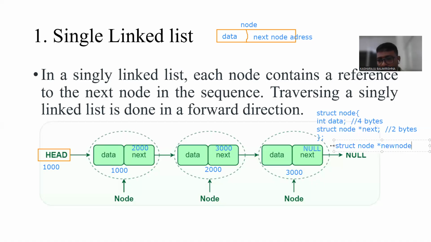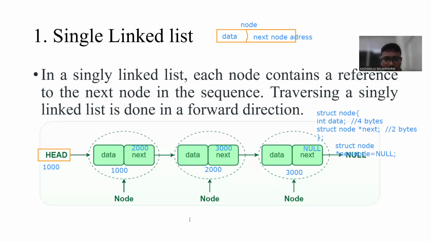Here we are always trying to create one new node. If possible, you may initialize it with a null value. No problem. Clear?